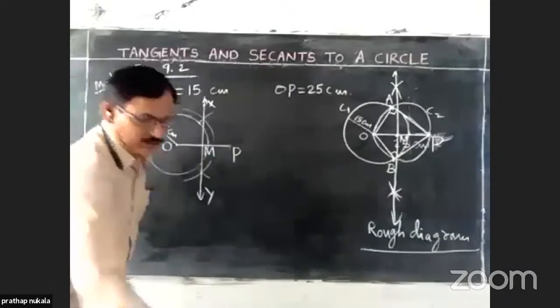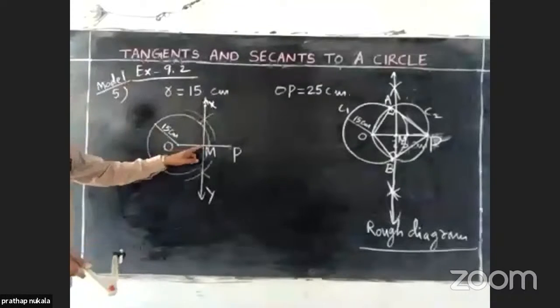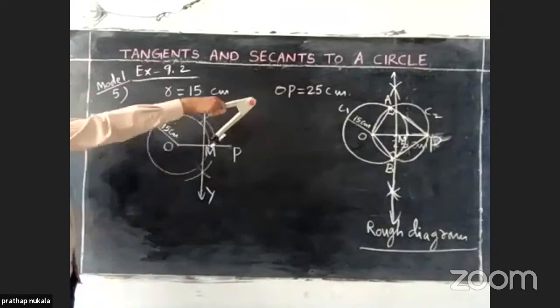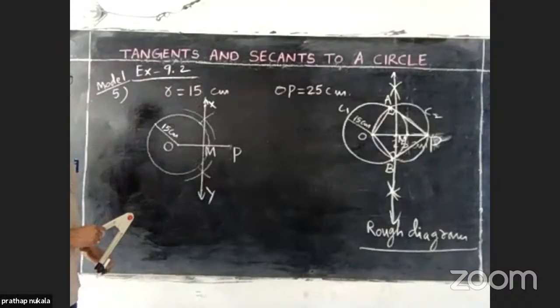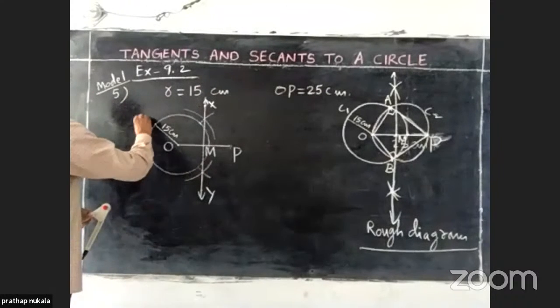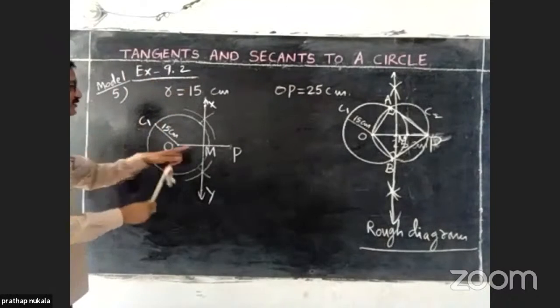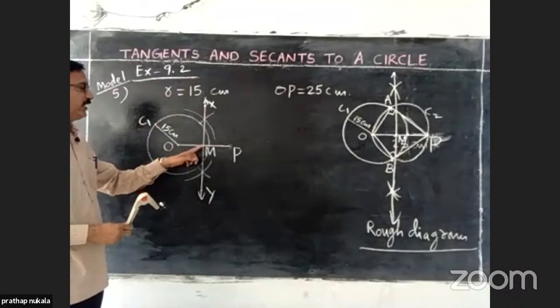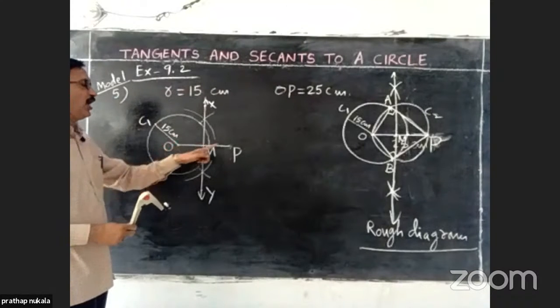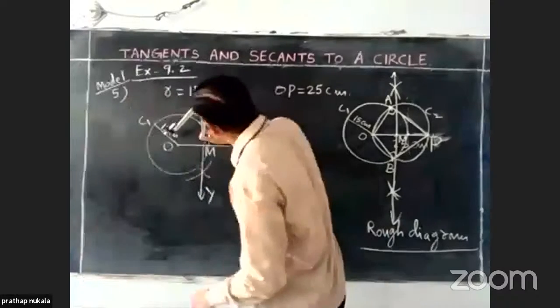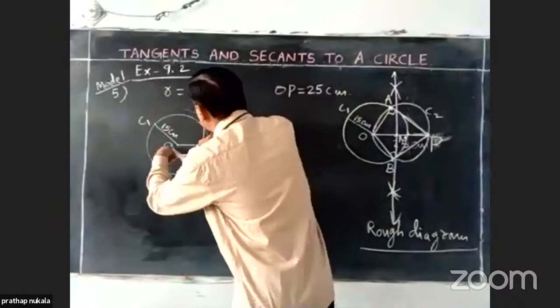Then with center M, now we are drawing another circle, as in the rough diagram, C2. This is C1, the given circle. Now we have to draw C2 with center M and radius MO or MP. Both are the same.